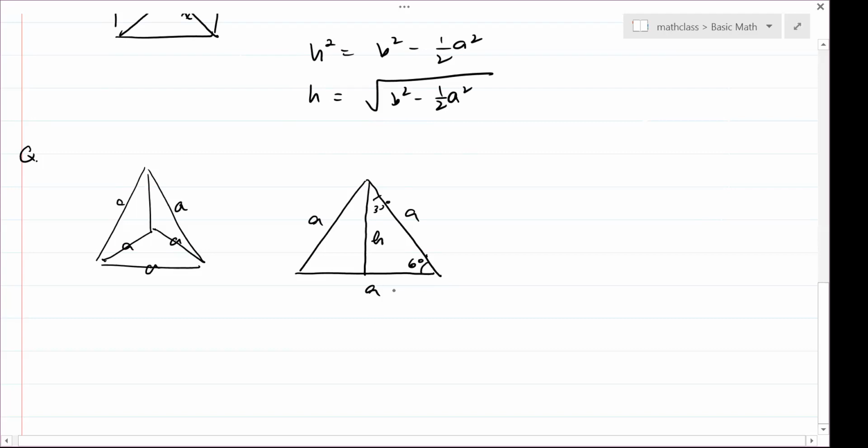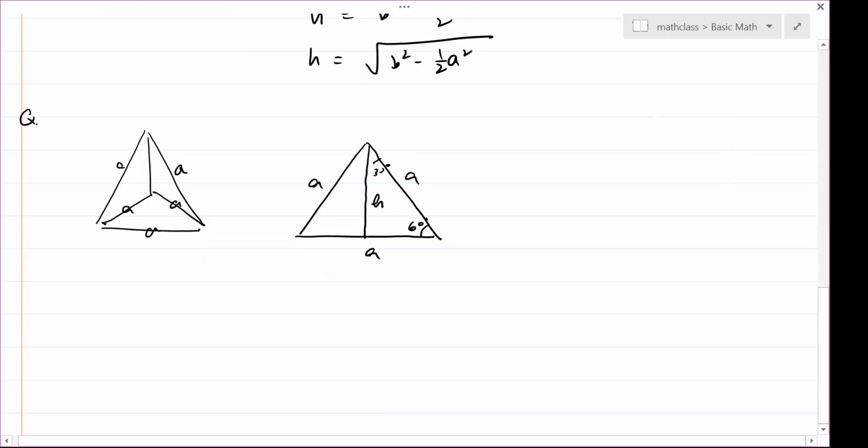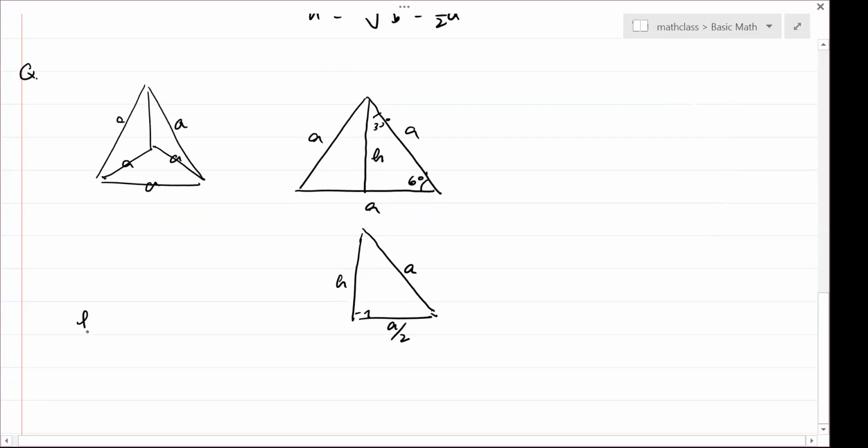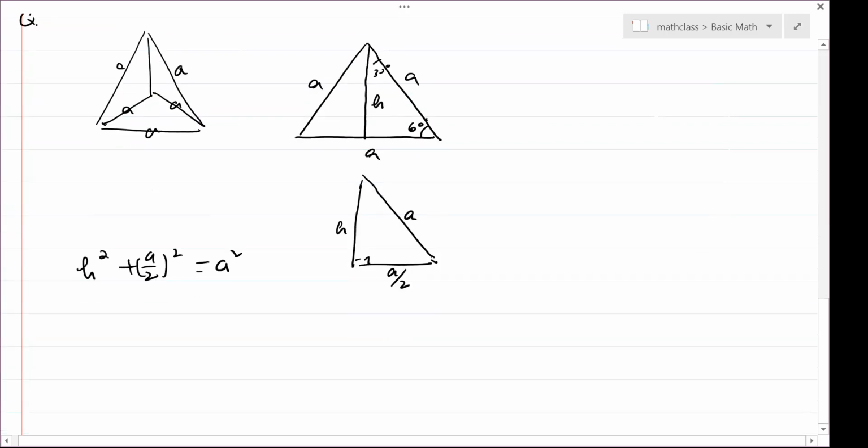So this is a right triangle: this side is A, this side is half of A, and this is H. H squared plus half of A squared equals A squared. You're applying the Pythagorean theorem.